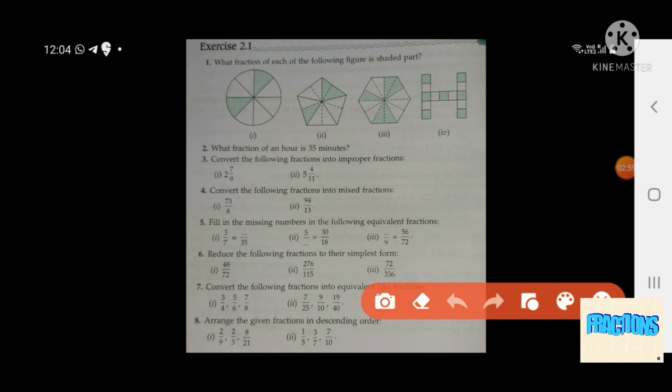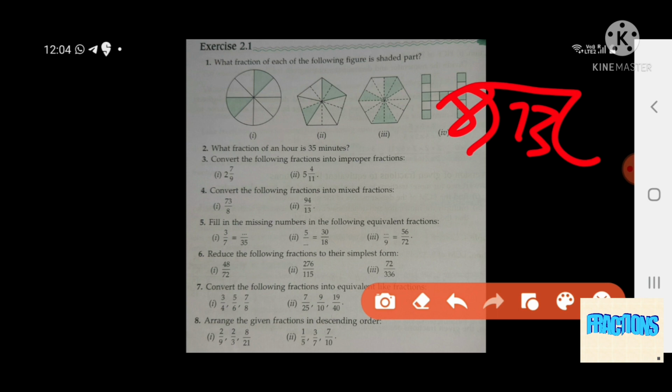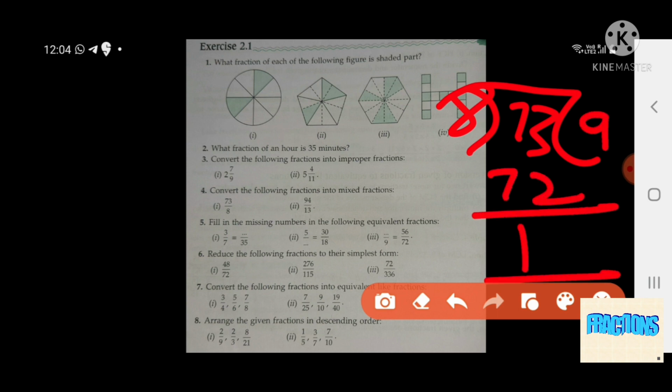Fourth, we have to convert improper into mixed fraction. So you have to divide 73 by 8, and here will be 9, 72 and 1. And I told you the denominator will be 8 only. Here will be 9 and here will be 1.